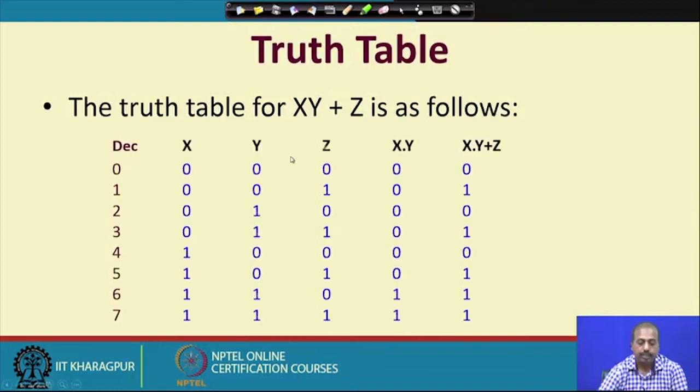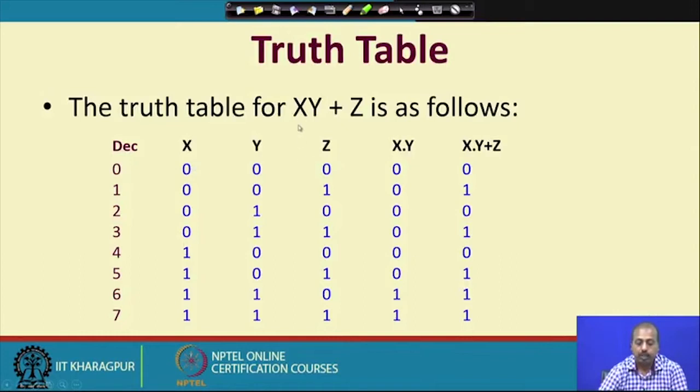These x, y and z are the inputs to the function. Now, if you enumerate the alternatives, it can go from 0 0 0 to 1 1 1. Since this is a 3 variable function, I have 8 different alternatives.